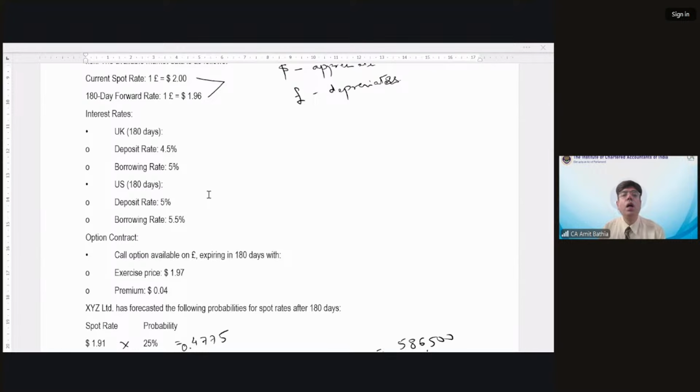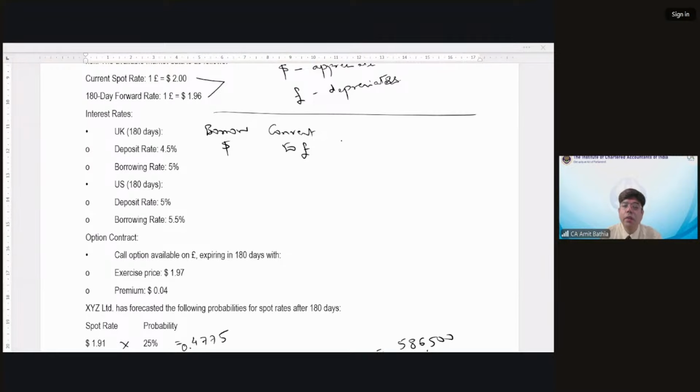Because I need to pay pounds, I will essentially, wait a moment. So I'm going to borrow in dollar, convert to pound, right?